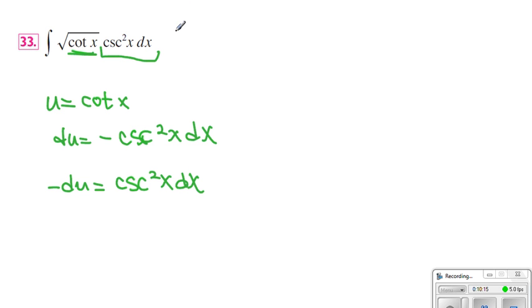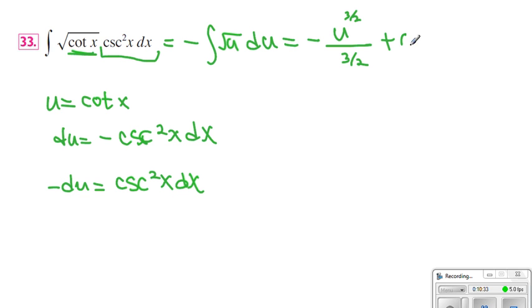That means when you put this in, we end up getting negative, because of the negative sign, square root of u du. Now, what does that mean? It's simply negative u to the 3 over 2 power over 3 over 2 plus c. Now, this simplifies into negative 2/3, and since u was cotangent of x, cotangent of x to the 3 over 2 power plus c.